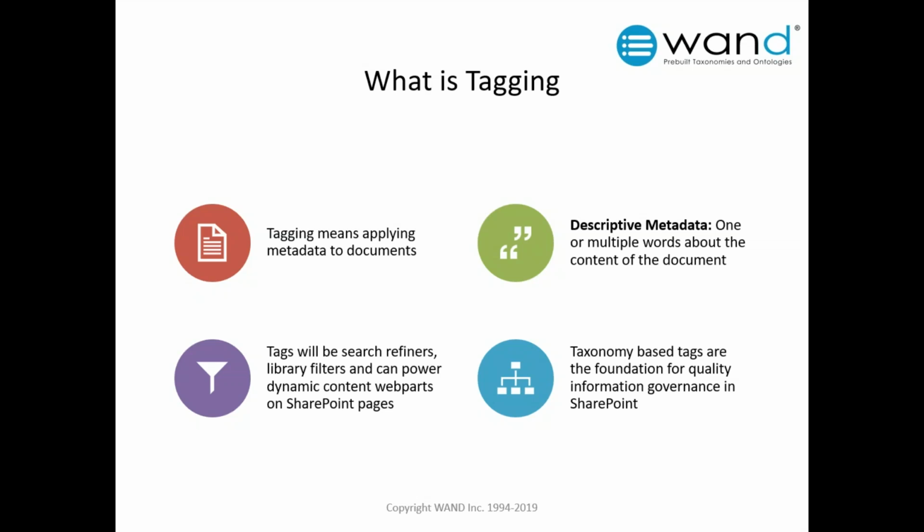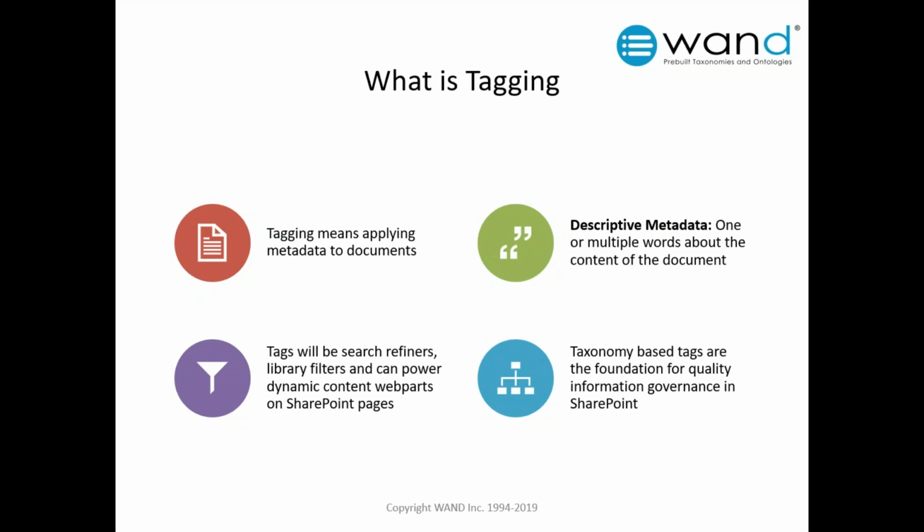But I think more usefully, I would describe metadata as how we describe things. Now, the two types of metadata that we think of are administrative metadata and descriptive metadata. Administrative metadata are things like date, file size, file type, author.